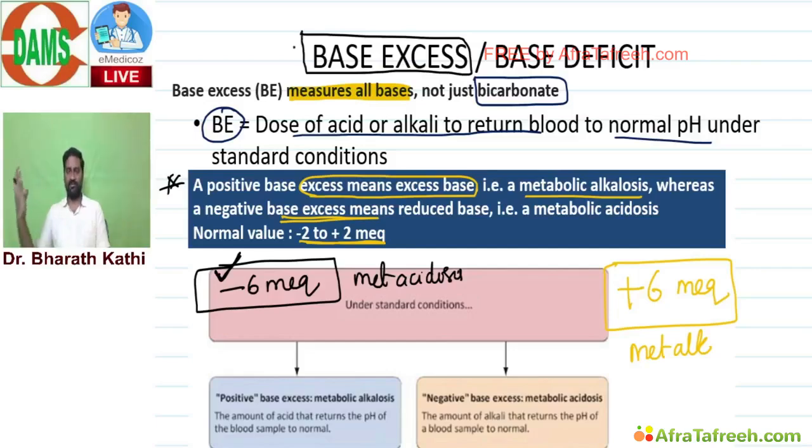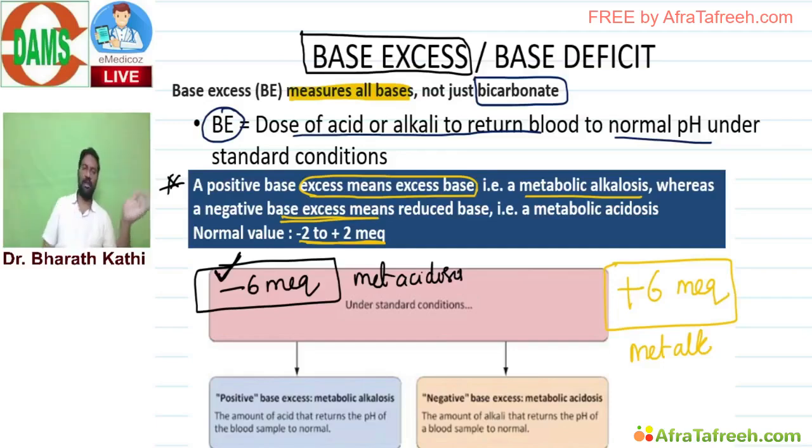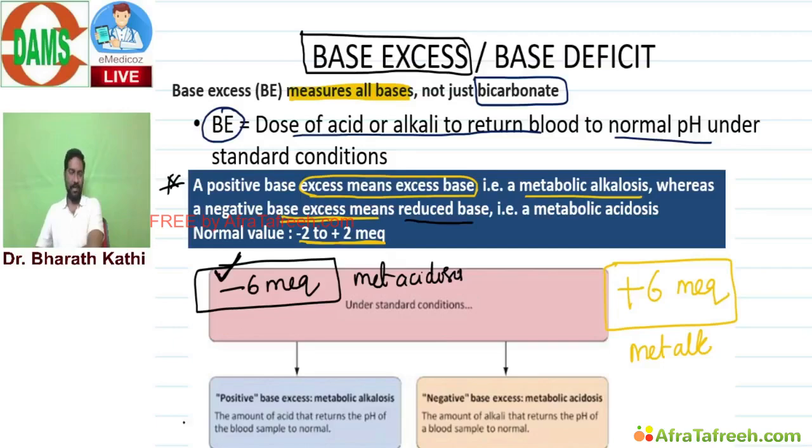If base is in excess, if it is plus, it means metabolic alkalosis. If base is in the minus values, it means metabolic acidosis. Normal is -2 to +2. Negative base excess means reduced base. I have made it into very simple words. Negative base excess means there is reduced base in the body, that is metabolic acidosis.